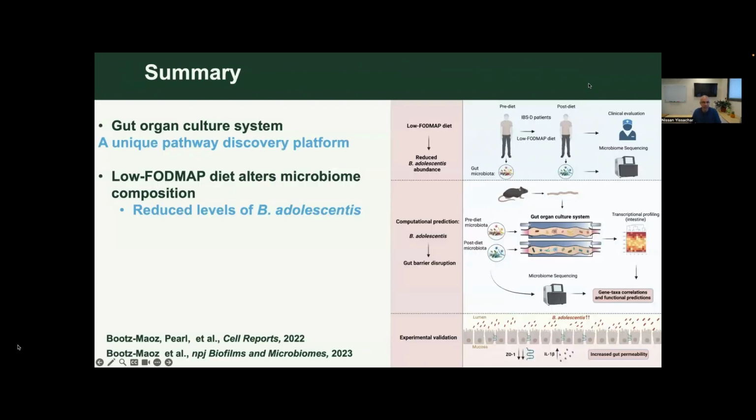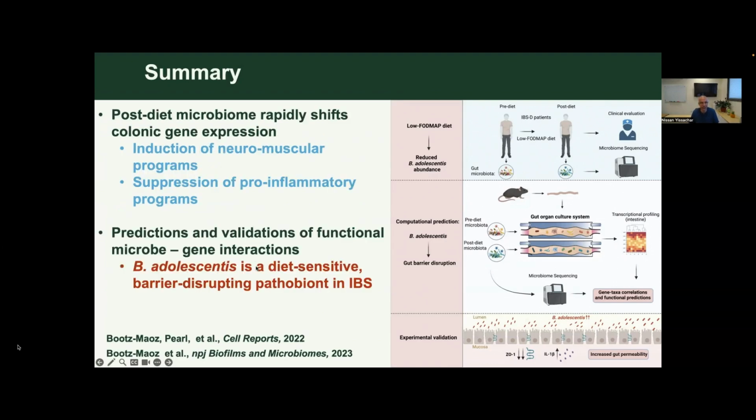Okay, so just to summarize, we show that the gut organ culture system is a really unique pathway discovery platform. It takes us all the way from clinical microbiome samples to functional impacts and molecular mechanisms that connect specific bacteria to specific intestinal functions. We found that a low FODMAP diet alters microbiome composition and reduces the level of Bifidobacterium adolescentis.